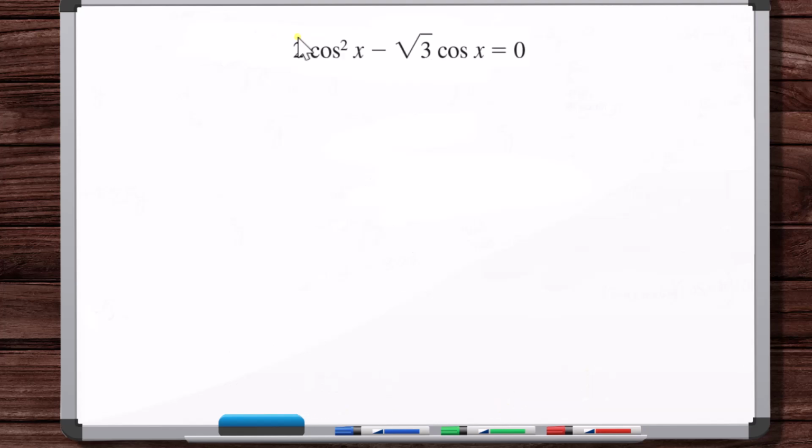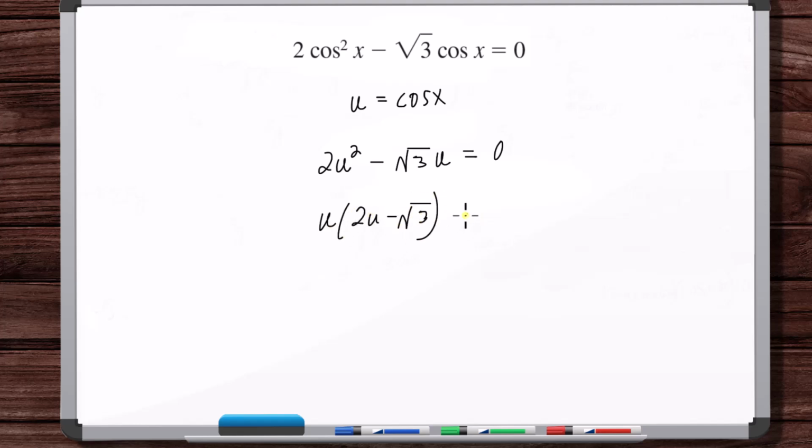Here we've got one type of trig function, so we can just turn it into an algebraic equation. u is equal to cosine x, so 2u squared minus root 3u is equal to 0. Well, we know how to solve this. We factor out a u, so u times 2u minus root 3. So u is equal to 0, or 2u minus root 3 is equal to 0.